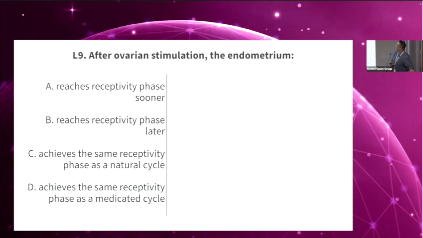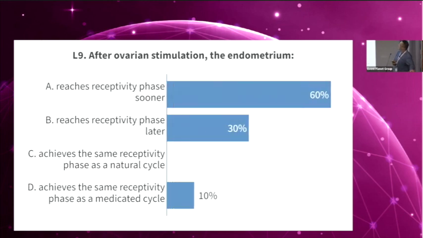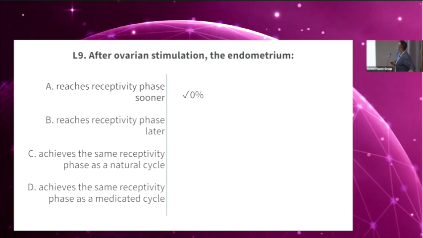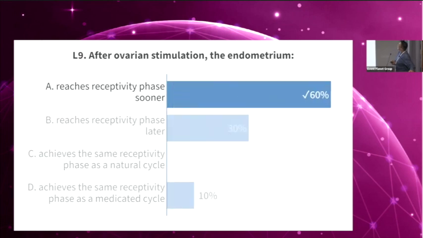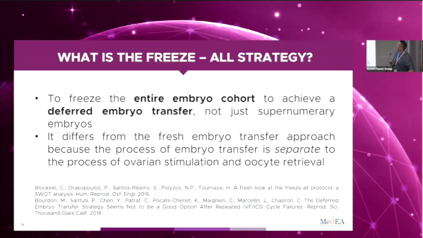Okay, all right, not too bad. So yes, most of you understand correctly, because most seem to know that the endometrium reaches the receptivity phase a bit sooner than expected after ovarian stimulation.